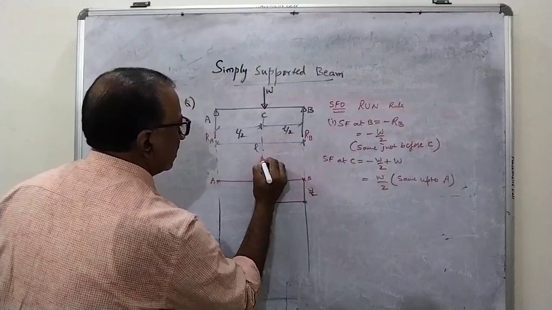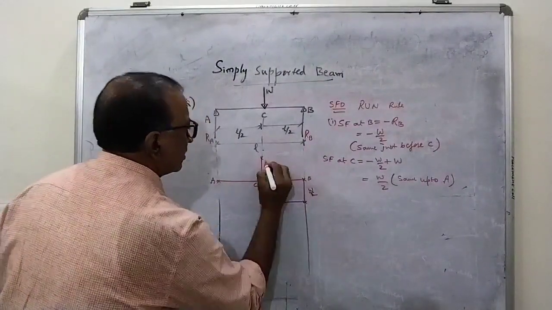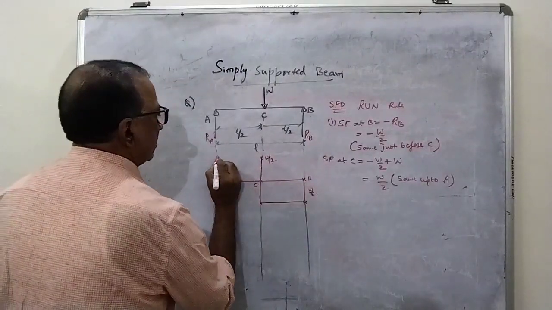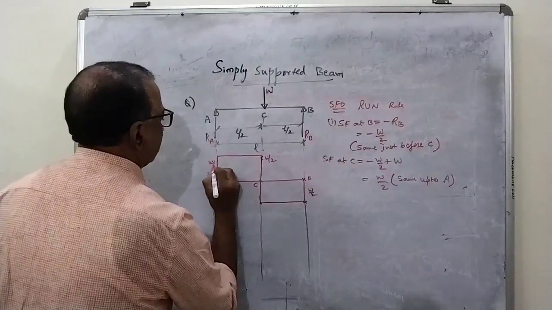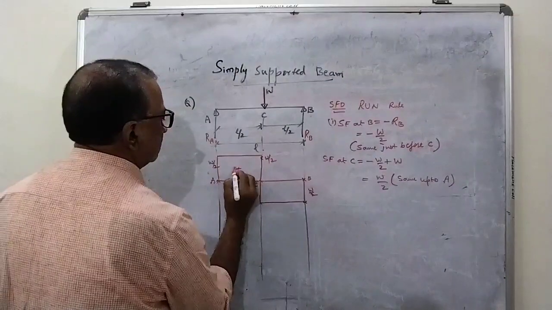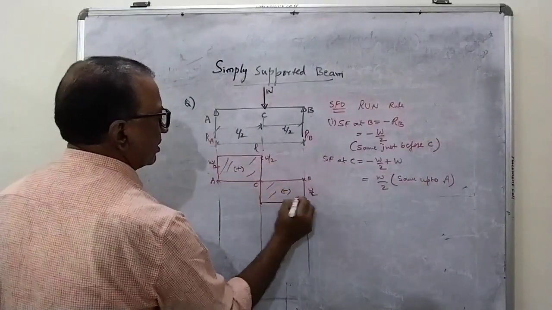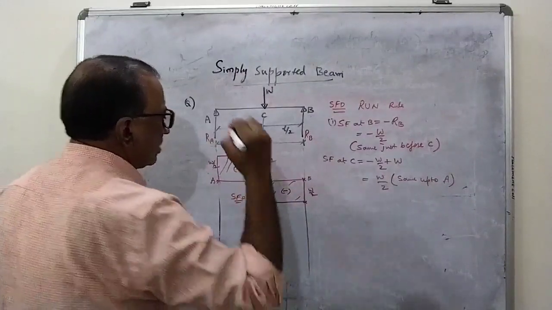Immediately at C, it has changed from minus W by 2 to plus W by 2. And it is remaining constant up to A. So it is equal to your RA value. Already it has been tallied. So this is our shear force diagram.